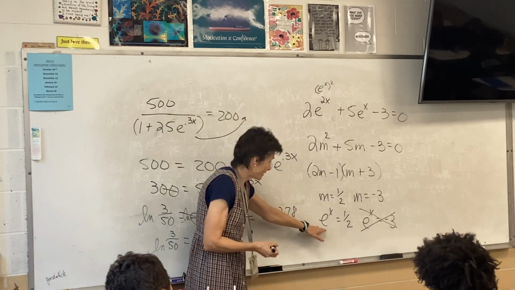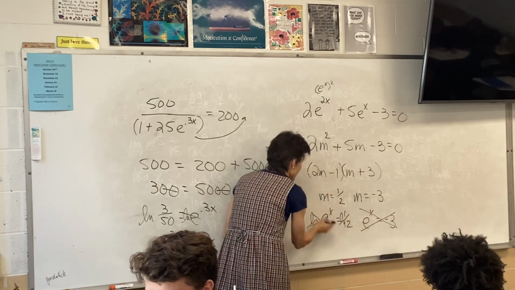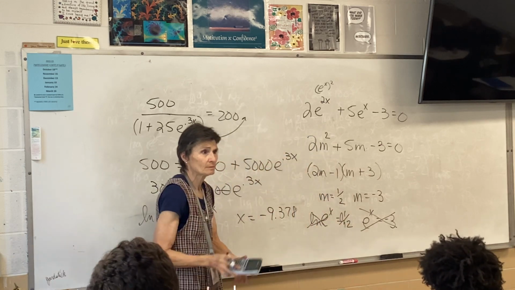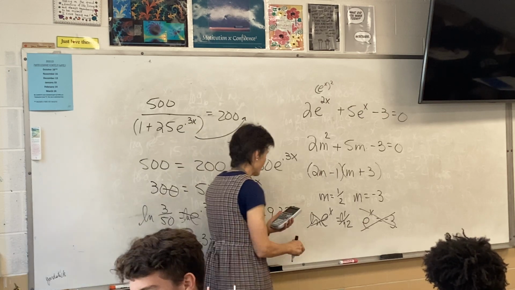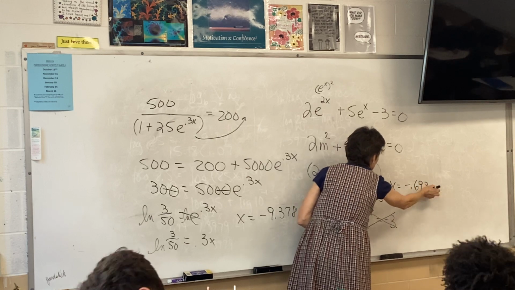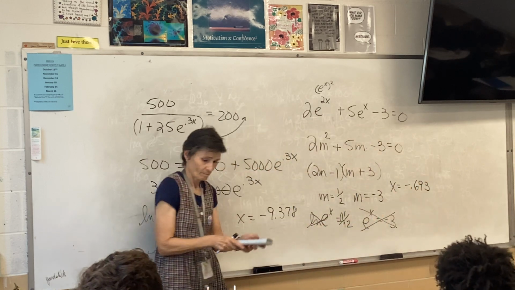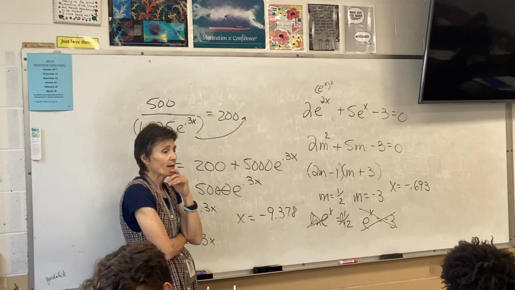Okay, so how do we solve it? ln. So isn't it just gonna be ln 1/2? So -0.693? Did everybody keep up with that okay?